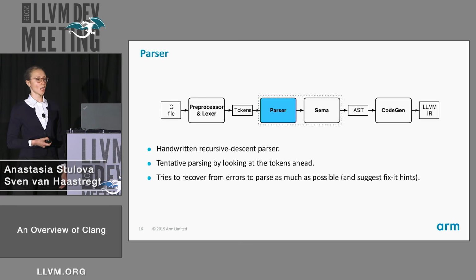But if it doesn't fail, it will continue, and at some point it will complete the parsing and match the grammar rule. The Clang parser will try to recover from errors if they are encountered during parsing, and it will try to parse as much of the input source as possible. That's simply because we would like to give as many diagnostics as possible in one invocation of a compiler instance. It's also sometimes helpful to understand what's wrong with the program if you see multiple errors.